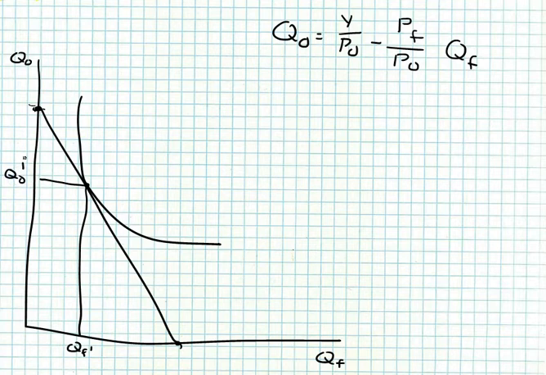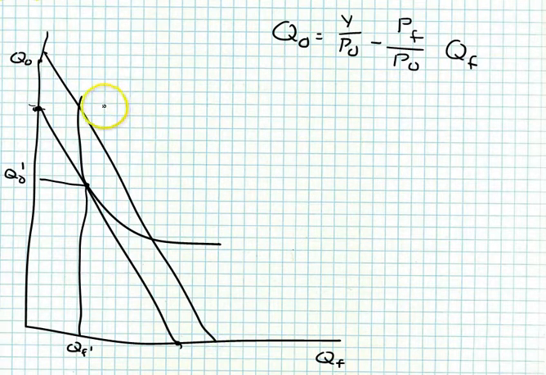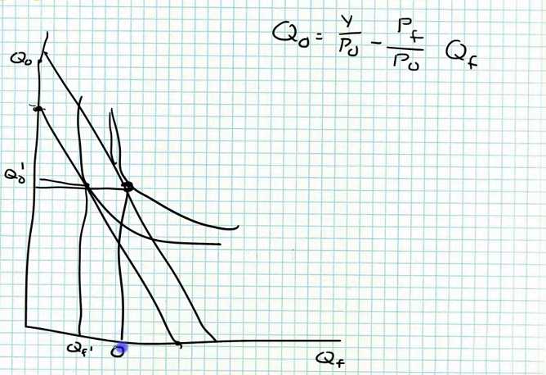So, is there somehow that we can look at a good when income increases and preferences are such that one good would find itself increasing as income increased, and the other good would find itself decreasing as income increased.